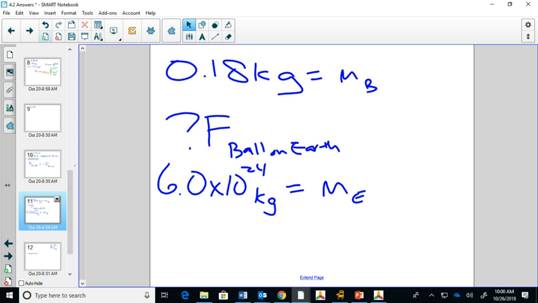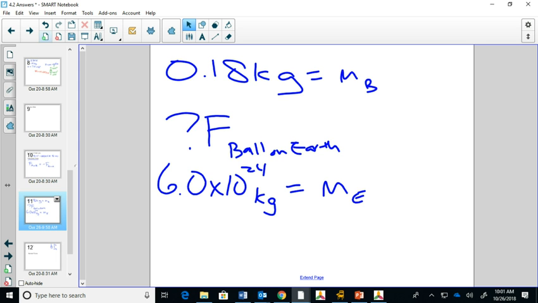What do we call that force the Earth is putting on this bottle? It's weight, it's the gravitational force. But are you also comfortable that the bottle is putting a force on the Earth? Newton's third law. Equal and opposite forces. So whatever force this bottle is putting on the Earth, it has to be the same as the force the Earth is putting on the ball.